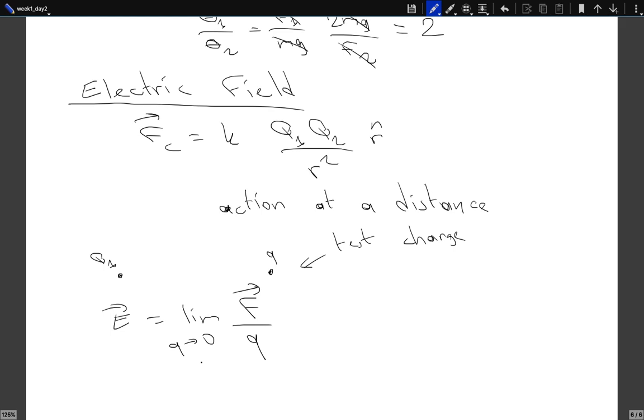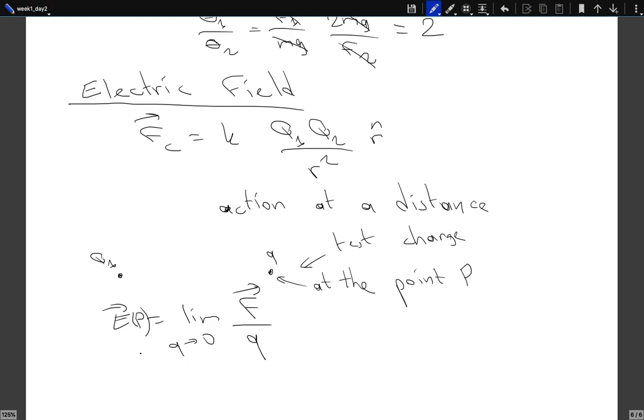This is how we define it at a given point. This is the electric field at this point, let's say P.